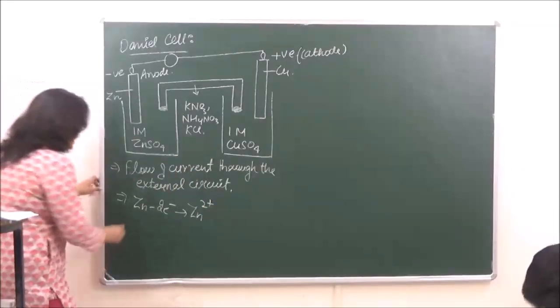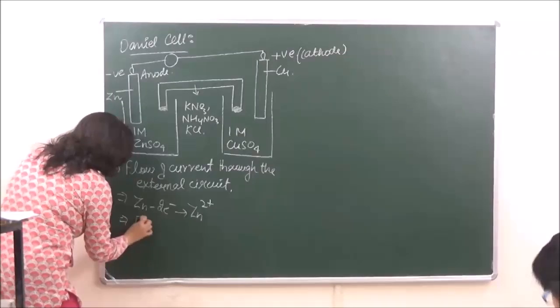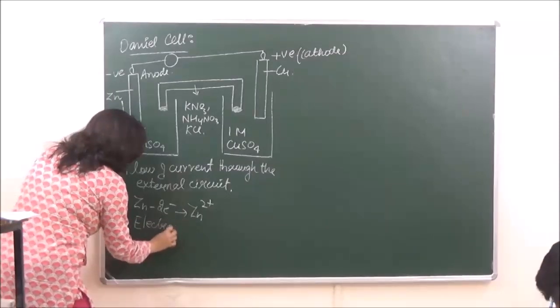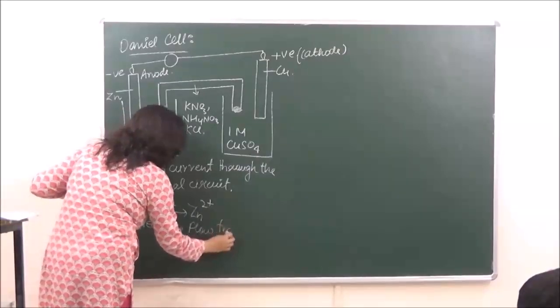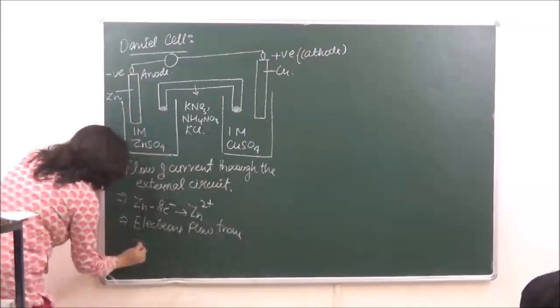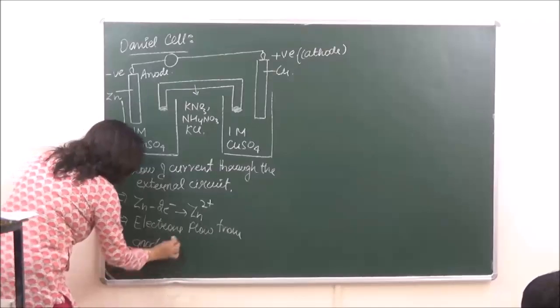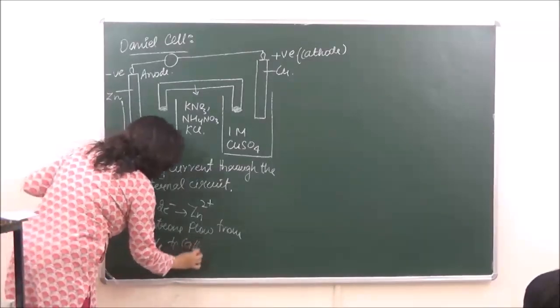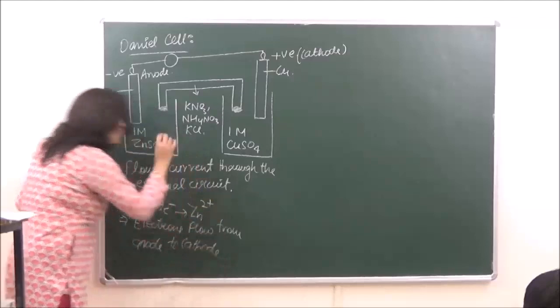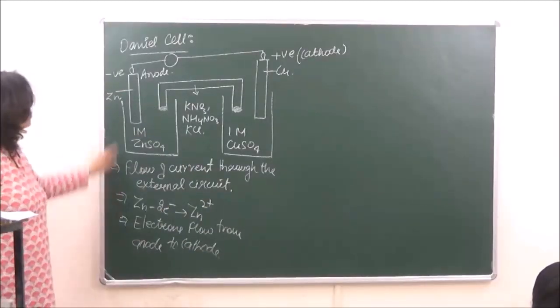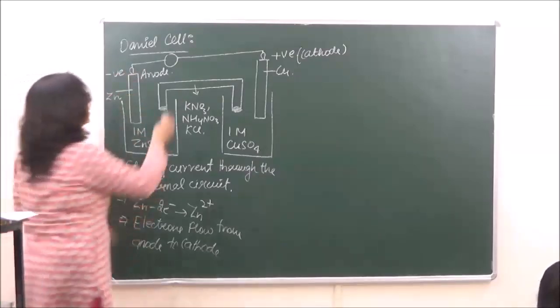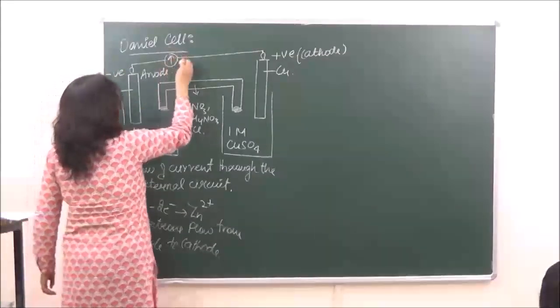So we can say that electrons flow from anode to cathode.